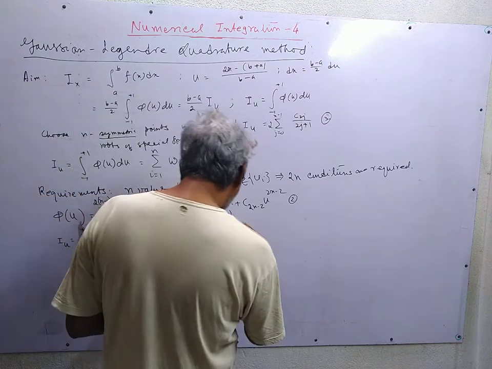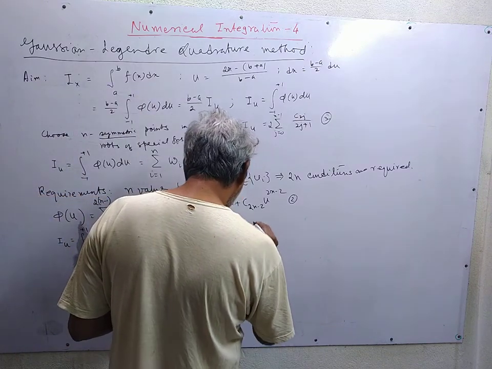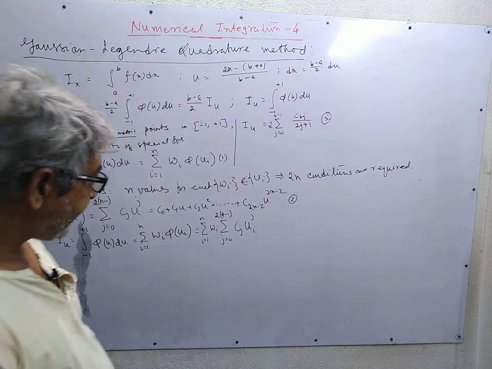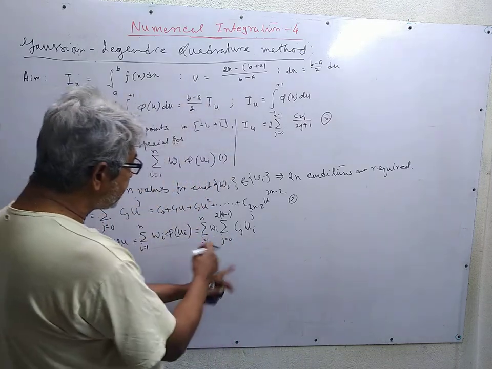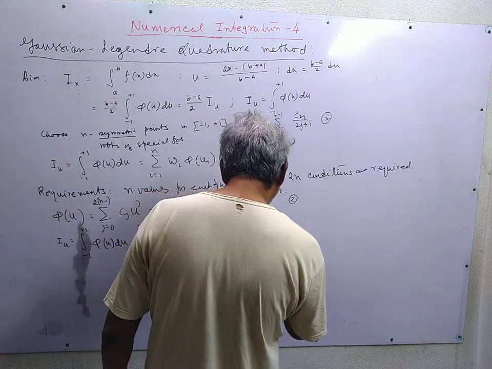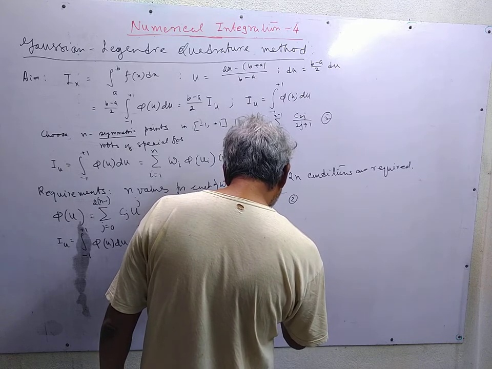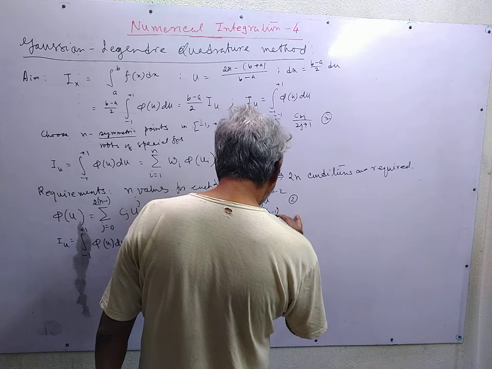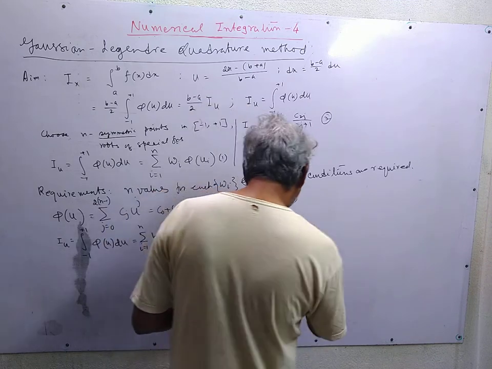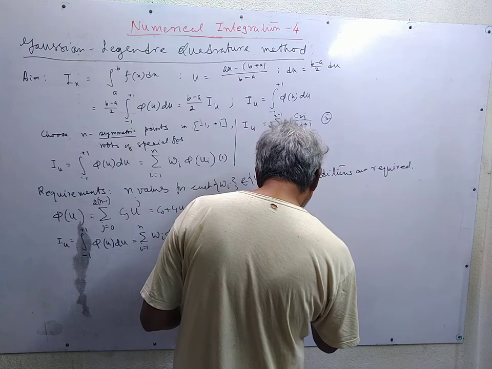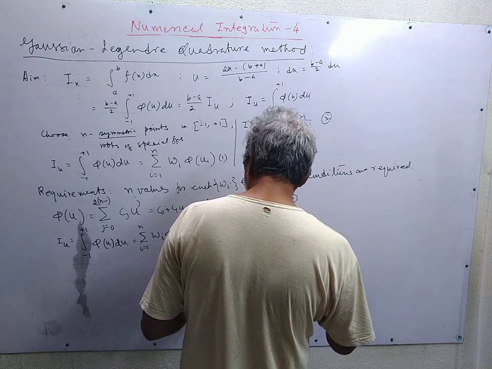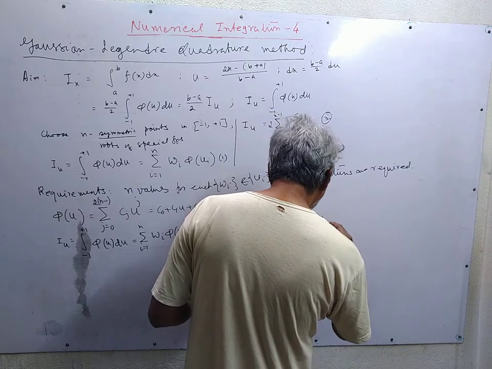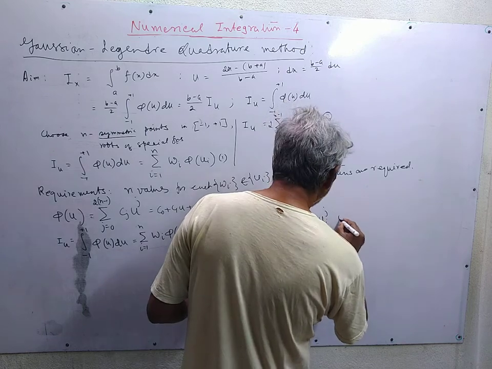Summation over j of cj ui to the power j. We compare this; we interchange the order of summation, so we write summation over j first, cj, then we have summation over i ranging from 1 to n of wi ui to the power j. This is equation 4.